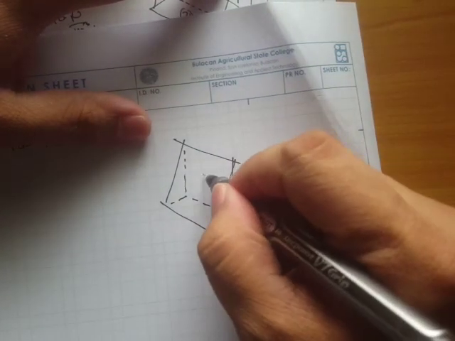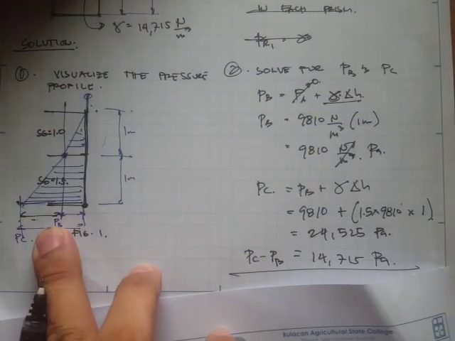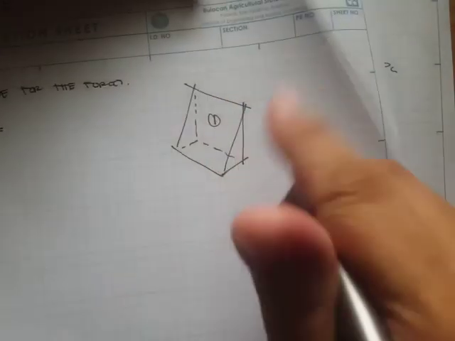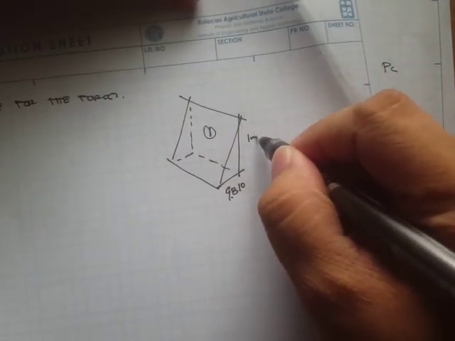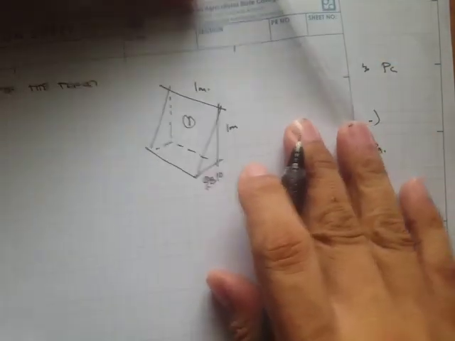So our pressure number 1, this is PB, and that's 9,810. And this one is 1 meter, and this one is 1 meter.